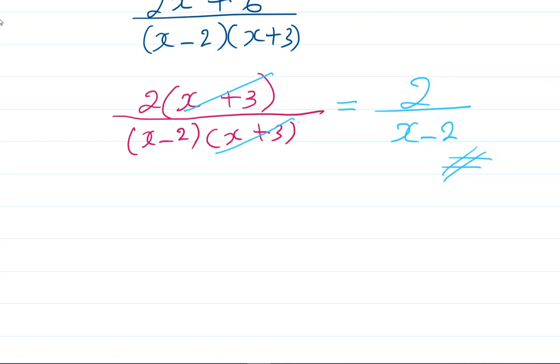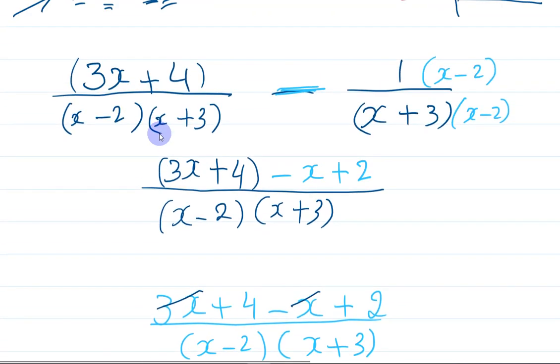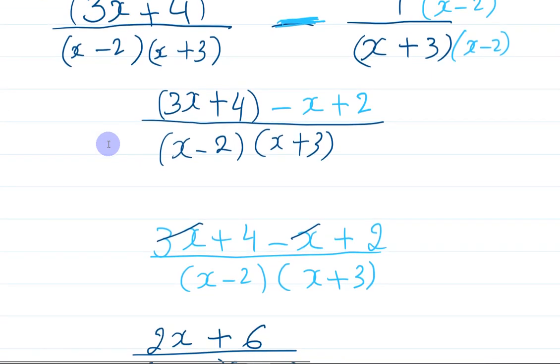Always keep this in mind: when you are asked to find a single fraction, it means you have to put it in the simplest form. And this question was from a past paper, and the most common mistake we found when we corrected the questions was about the sign. As I told you, you have to take care about it.